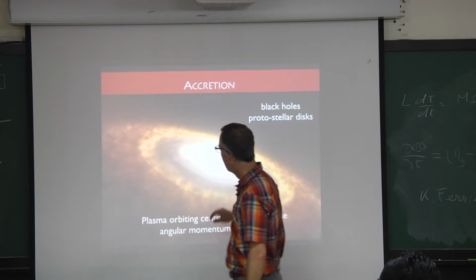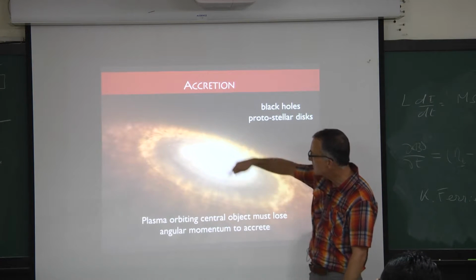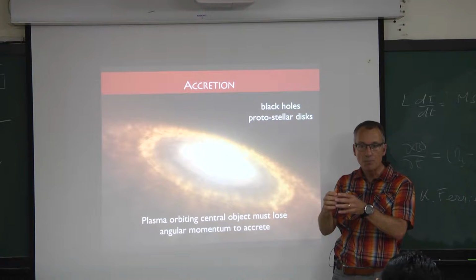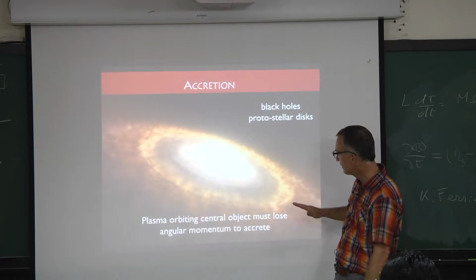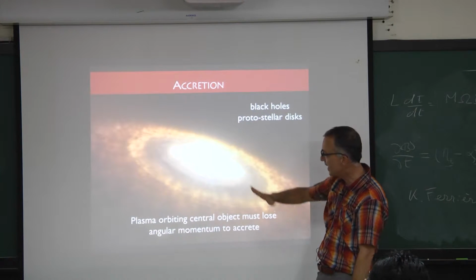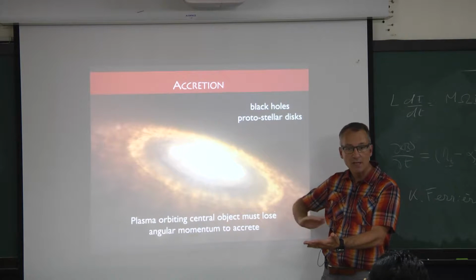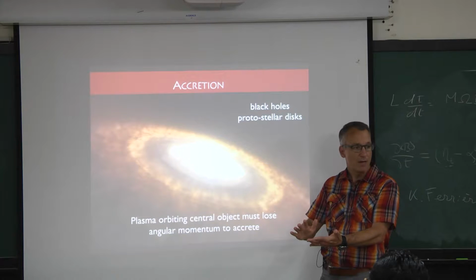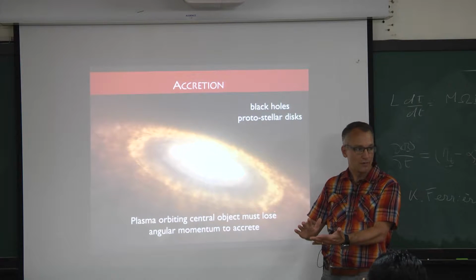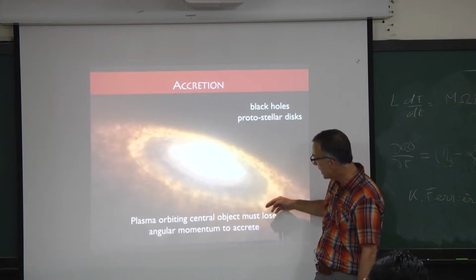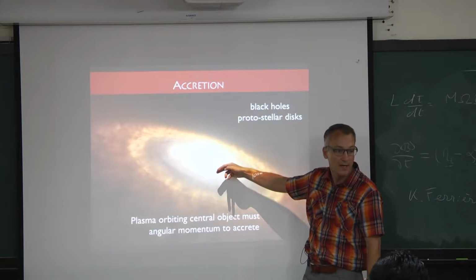So if you look at this central thing, what happens in an accretion disk is you have plasma that's rotating around some supermassive black hole. It forms a disk, it compresses, it has angular momentum. If the matter doesn't lose its angular momentum, it simply stays in a stable orbit around the central object and never falls in. In order for matter to fall in, it has to lose angular momentum to drop in and accrete.